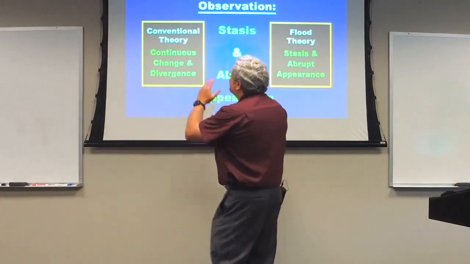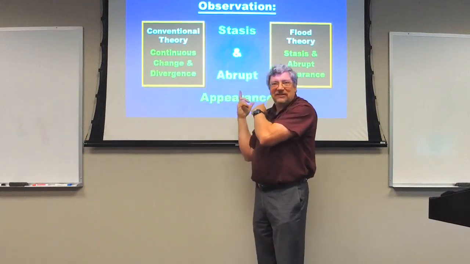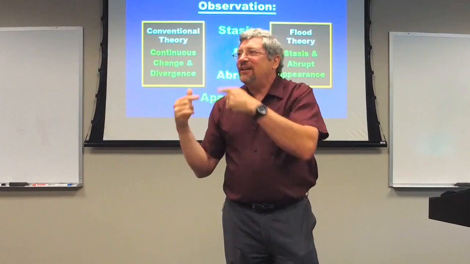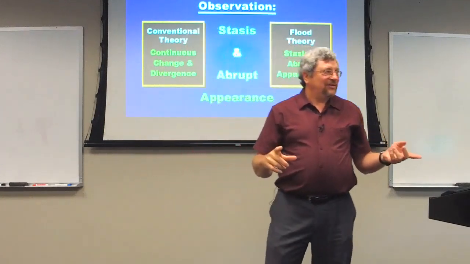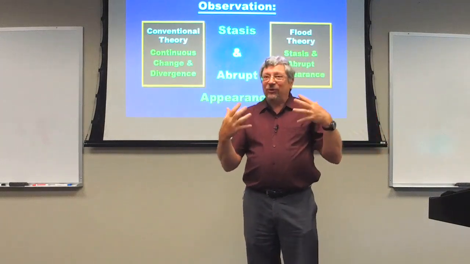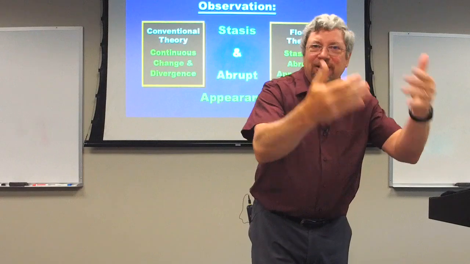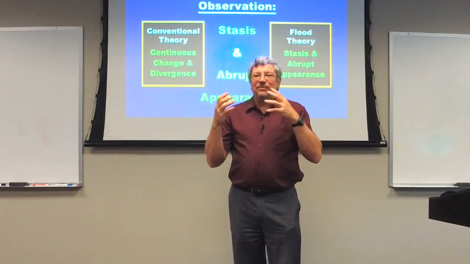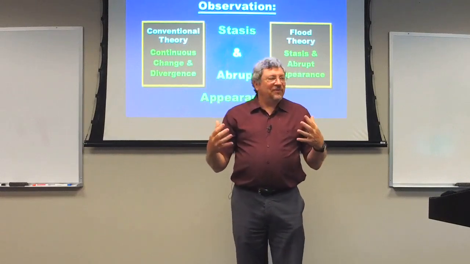We have developed a theory for explaining species stasis and abrupt appearance. We do not have a theory in evolution to explain the higher level stasis and abrupt appearance. And he called for a revolution in evolutionary theory. He called for evolution to find a solution to this because this is a big, huge problem for evolution.